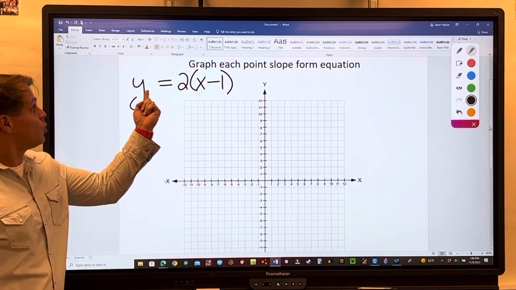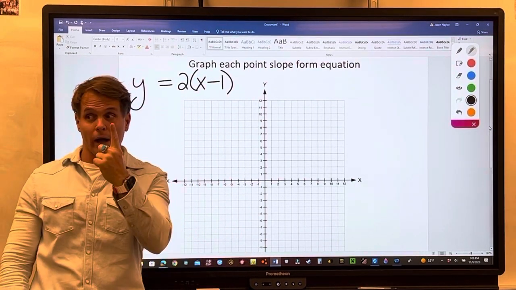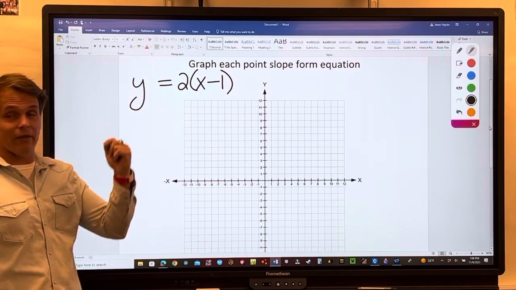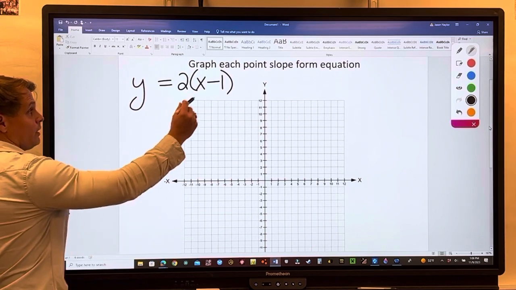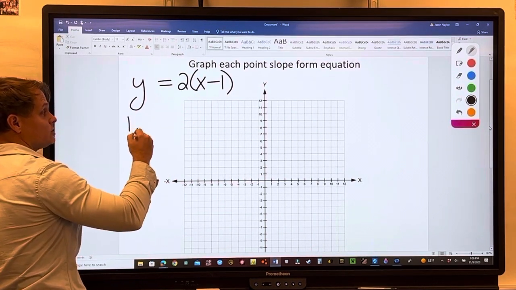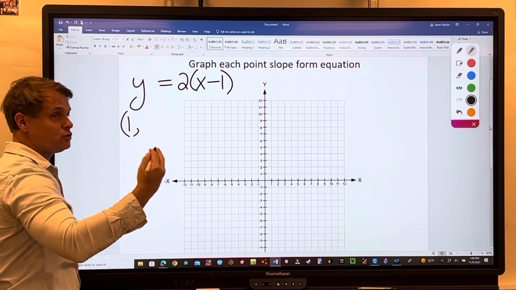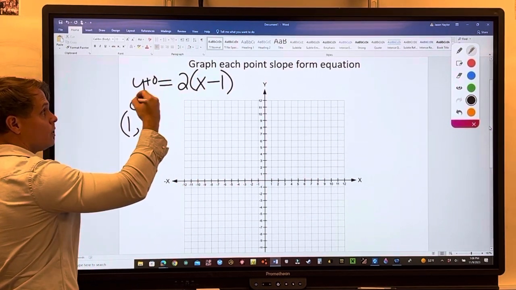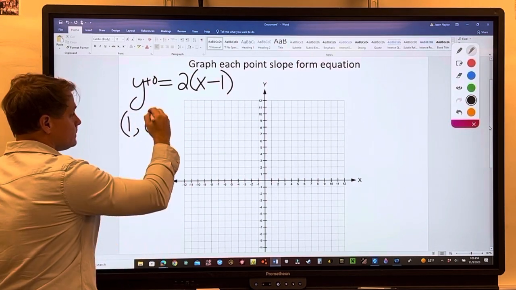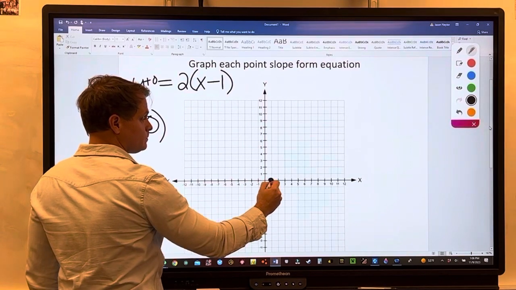So if there's no number there, what is the coordinate for y? Not 1. If it was a 1, there'd be a 1 there. 0, that's right. So the x value is 1, it's always the opposite sign. And for the y value, there's no number, so it's a 0. It's the same as saying y plus 0, which is y. So I'm going to plot 1, 0, which is right here.